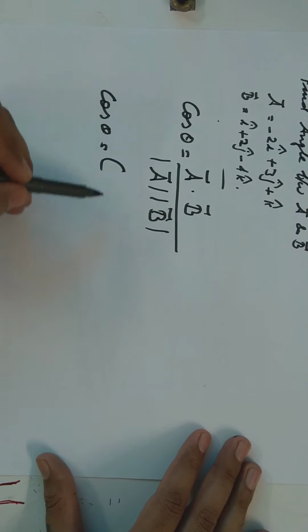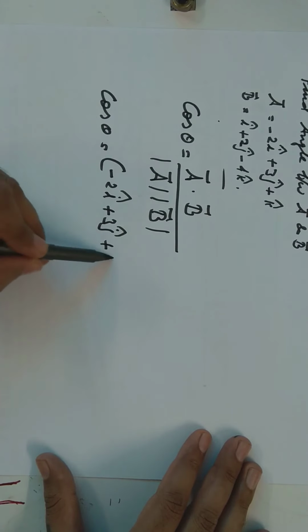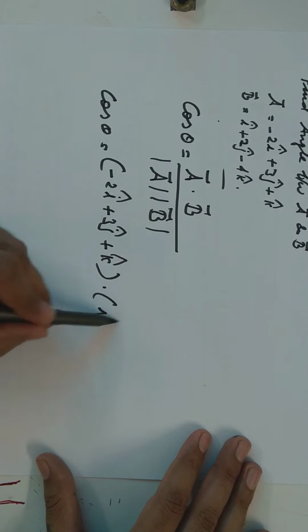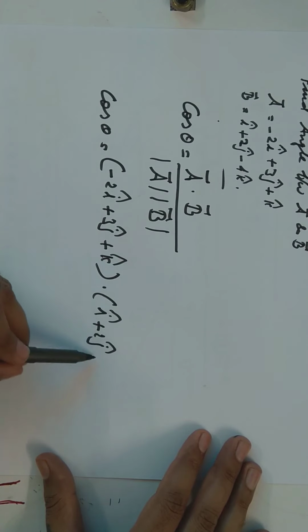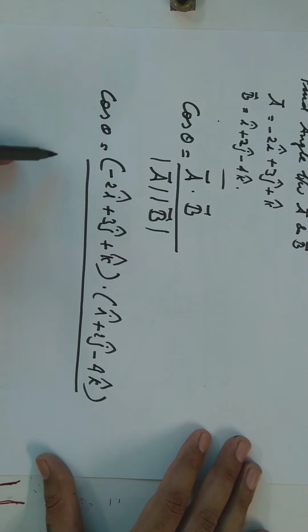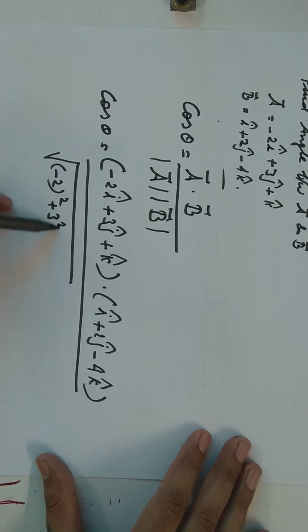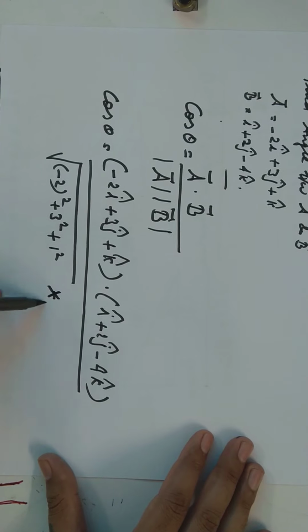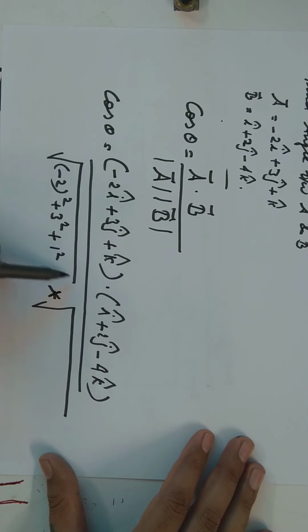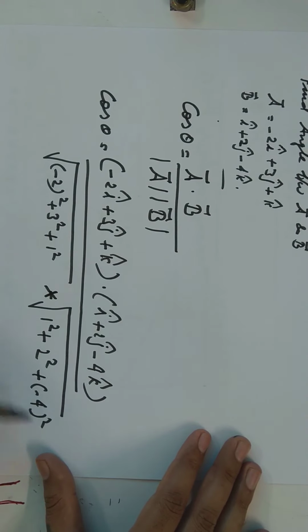We put the value of vector A, this is minus 2i cap plus 3j cap plus k cap dot i cap plus 2j cap minus 4k cap, whole divided by magnitude of vector A, minus 2 square plus 3 square plus 1 square, into magnitude of vector B, this is 1 square plus 2 square plus minus 4 square.